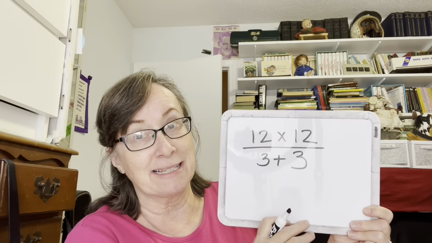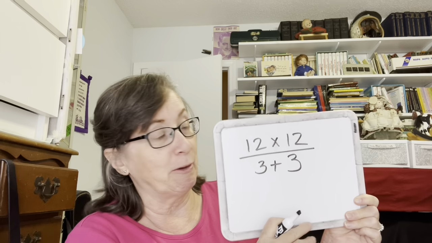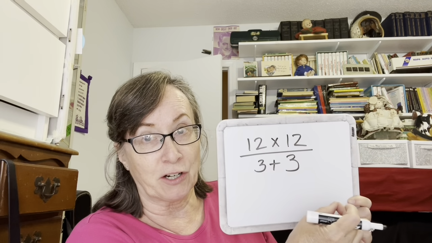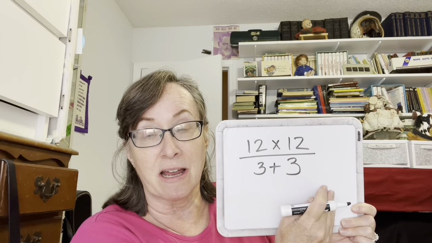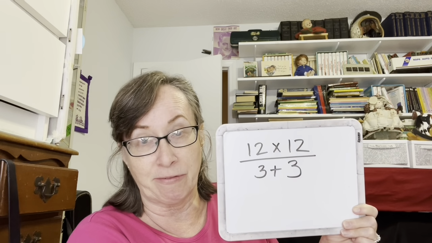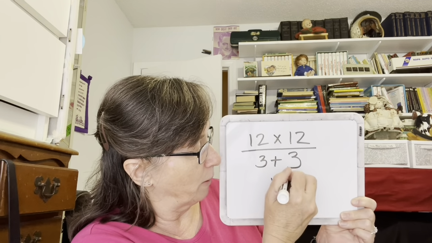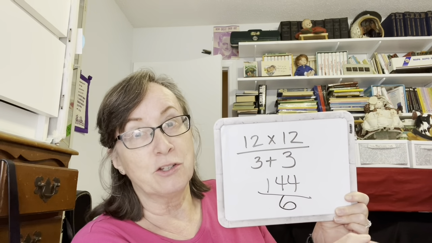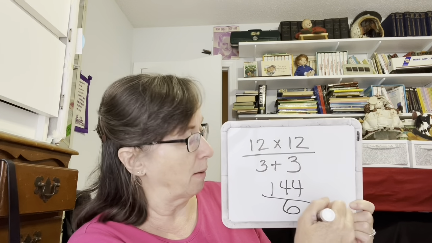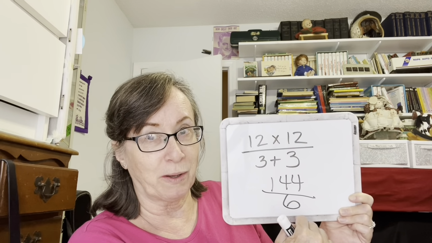And a division sign can separate items, okay? It can be used as a grouping. We would do everything in the numerator first, and then we would do everything in the denominator, and then finally we would divide. So 12 times 12 is 144, divided by 3 plus 3 is 6. So now at the end of the problem, we will figure out what the division is.